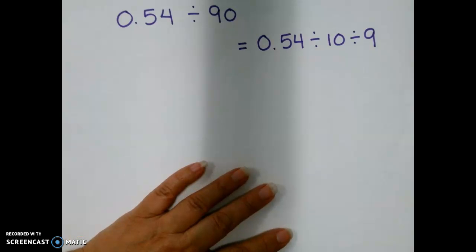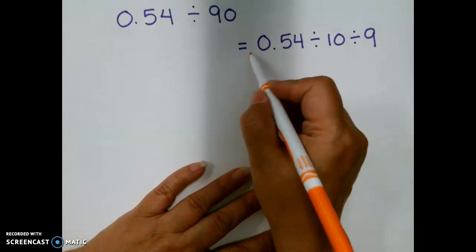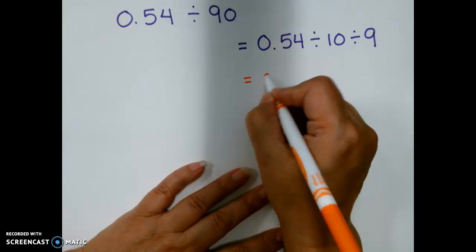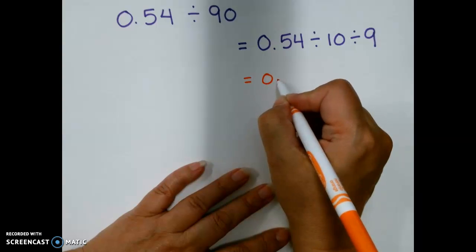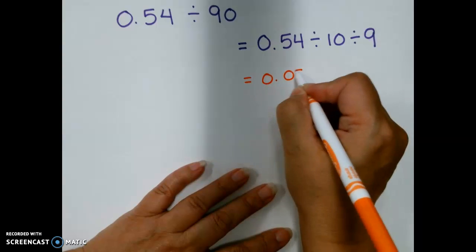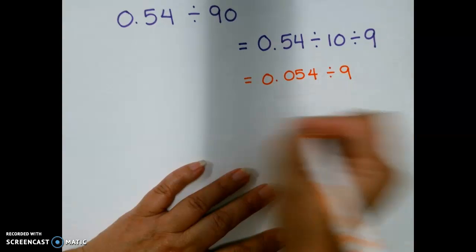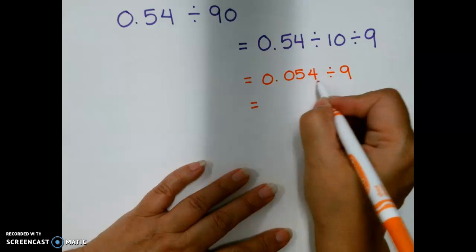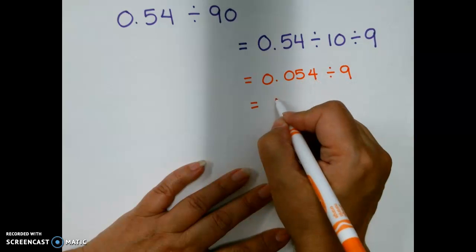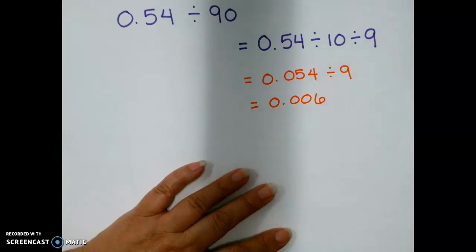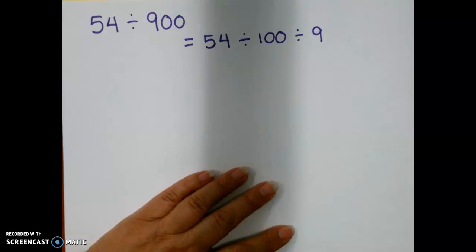It's 54 hundredths divided by 90. So, if I divide 54 hundredths by 10, that's going to equal 54 thousandths, and when I divide that by 9, I get what? 54 divided by 9 is 6, so I have 6 thousandths. We can do the same thing with even bigger numbers.